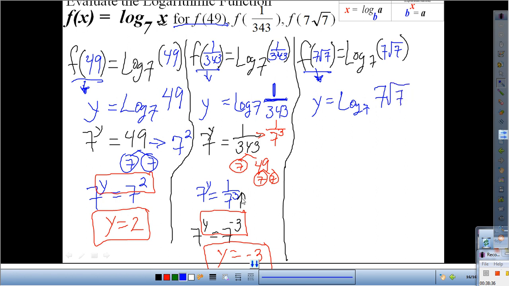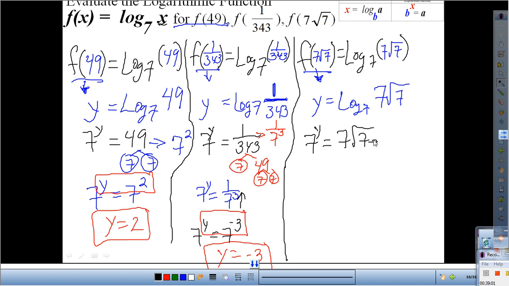All right, so let's rewrite that in exponential format. So what is our base? 7 to the y power equals 7 square root of 7. Now, they're not the same base because this one has a radical. So we need to rewrite this one. So that means the 7 came from inside, didn't it?